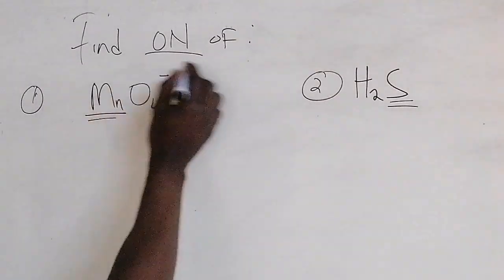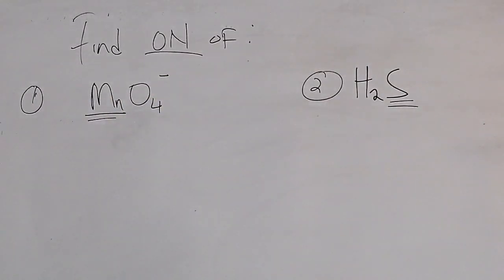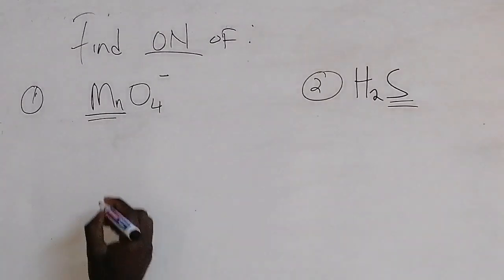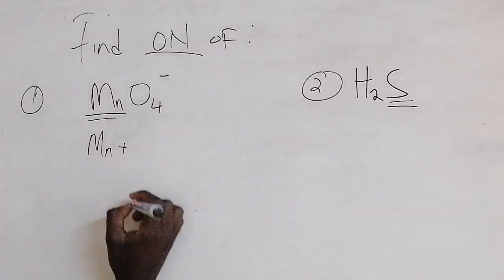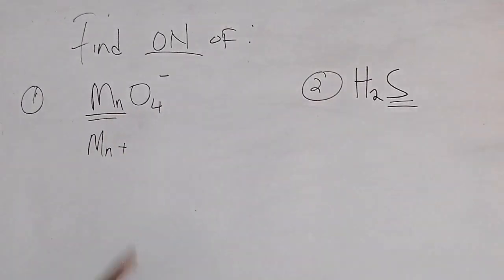Now find the oxidation number of MnO4 minus. We have MnO4 minus, but we have to find the oxidation number of manganese, right? This is what we are supposed to do. We say Mn plus, how many oxygen atoms do we have here?